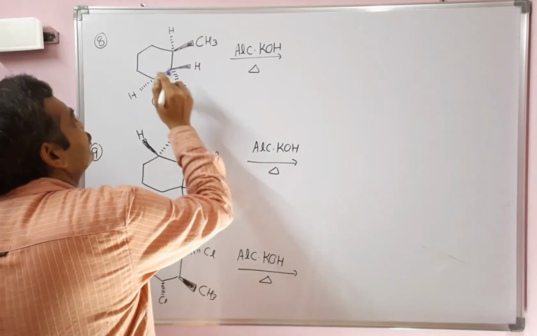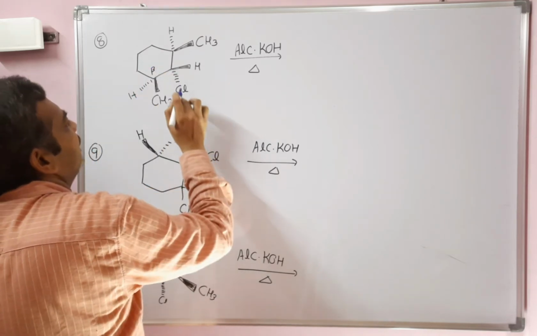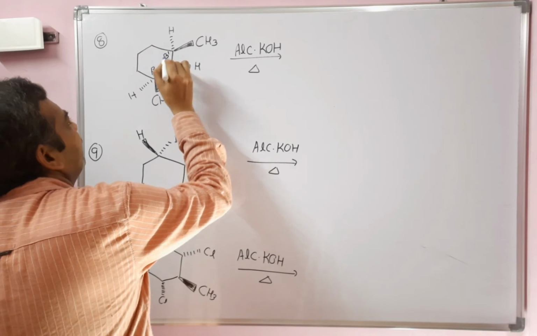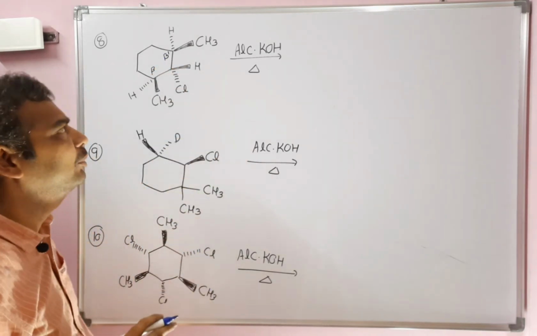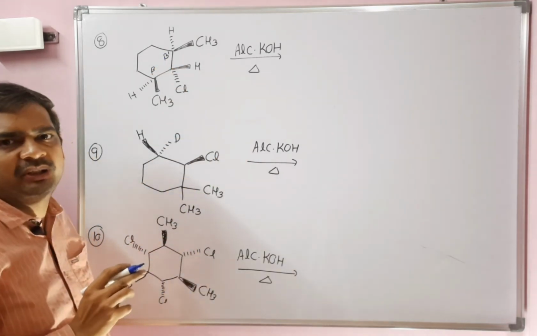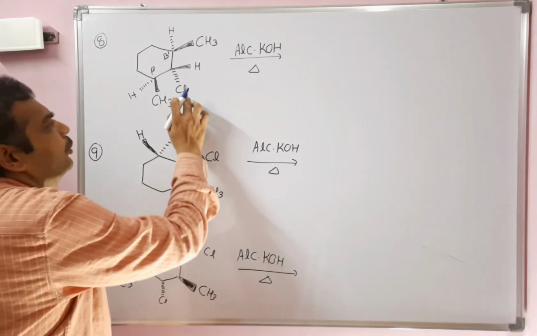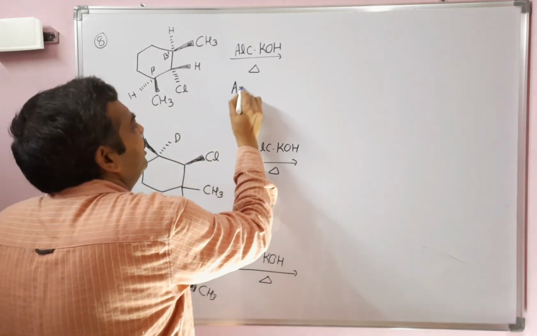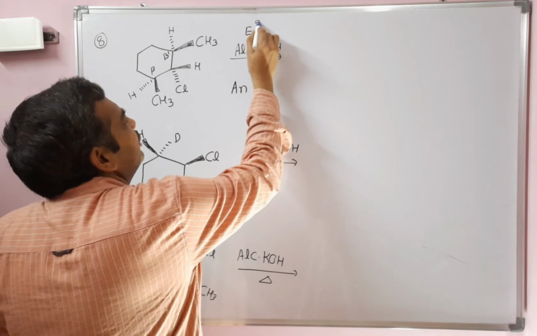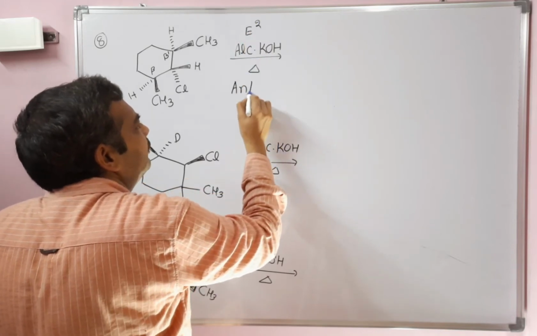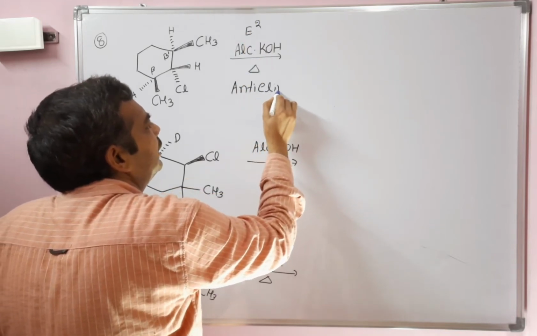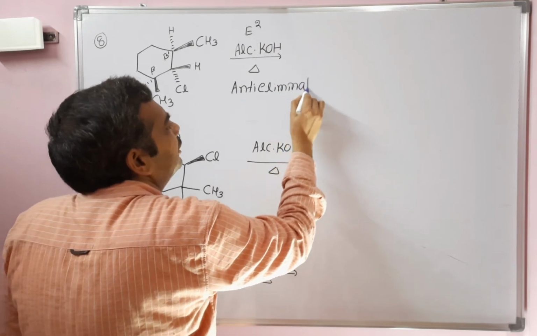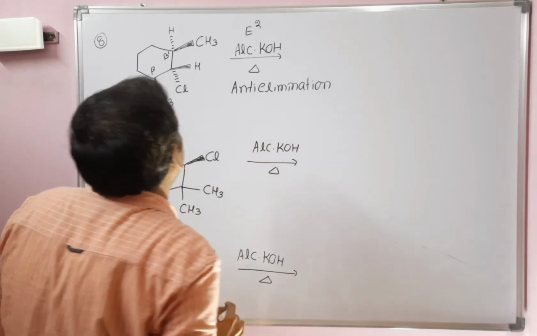A chloro compound. Two beta carbons are there, beta and beta prime. The base abstracts a proton at a beta carbon which is anti to chloro. So anti-elimination. Strong base means E2 elimination, high temperature E2 elimination. Anti-elimination is possible to occur here.